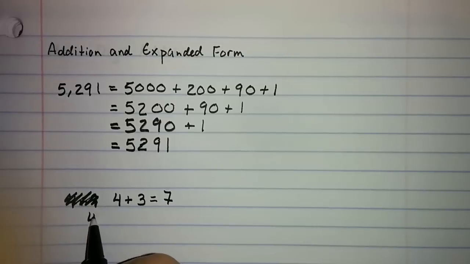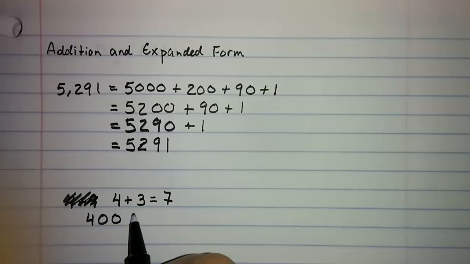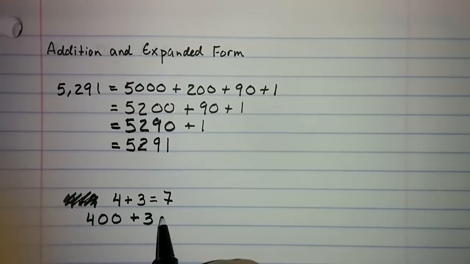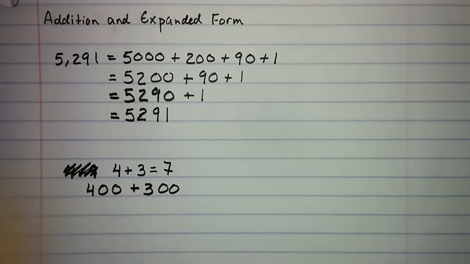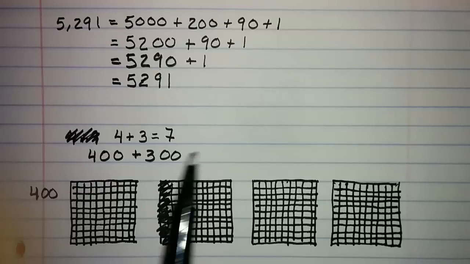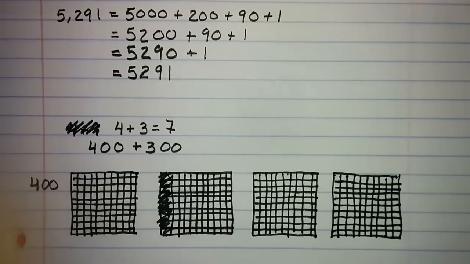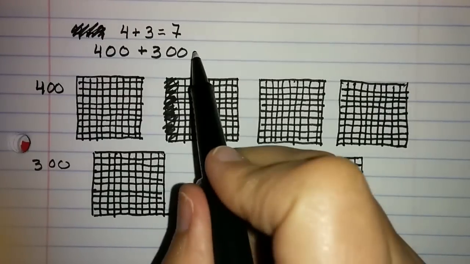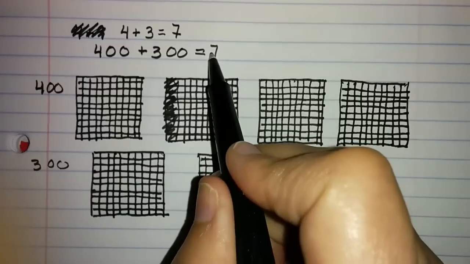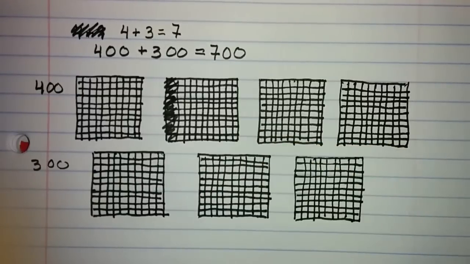What do you imagine would happen if we take 4 hundreds, for example, plus 3 hundreds? Well, what does that look like? 100 is a 10 of tens, isn't it? 4 hundreds looks like this, and 3 hundreds looks like this. So if we put them together, what do we get? Well, of course, we get 7 hundreds.